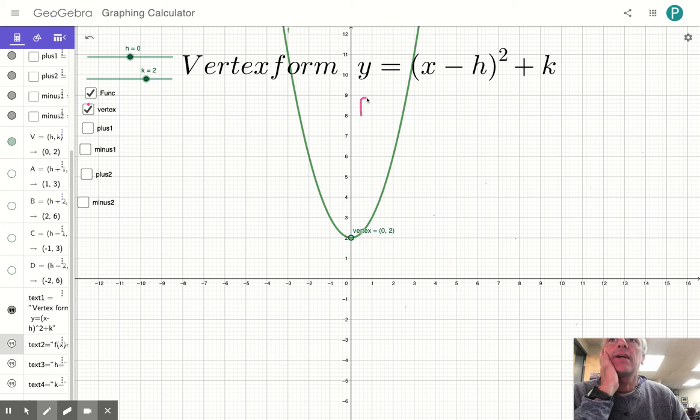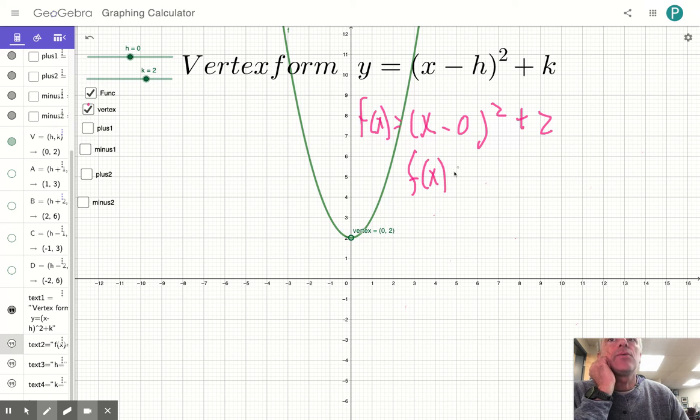So if I was going to write this in f of x, then I could say, well, if my h is 0, I could put a 0 here, and then my k is 2. Now I don't really need that 0, so I could say that this is the function f of x equals x squared plus 2. In other words, there's no horizontal translation. There's just a vertical translation up 2.